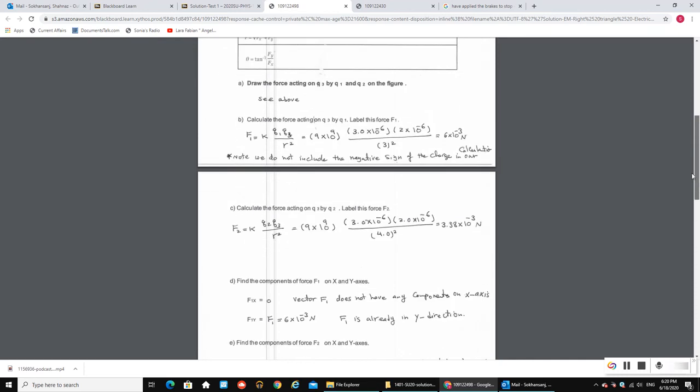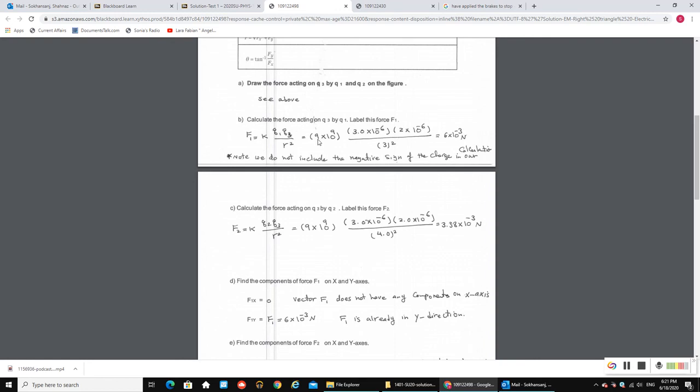Now for part B, calculate the force acting on Q3 by Q1. Label this force F1. Our formula is F1 equals k Q1 Q3 over r squared, where r is the distance between these two charges. K is the electric constant, 9 times 10 to the power of 9.